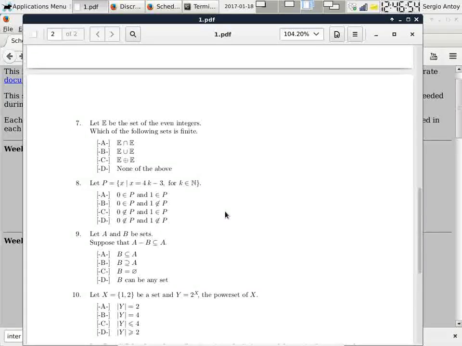Before, I gave you two sets, A and B, and I asked you to compute, say, the union or the intersection. So now, let me give you a set A. I still keep A as 1, 2, 3. And now I say A union B is equal to 1, 2, 3, 4.